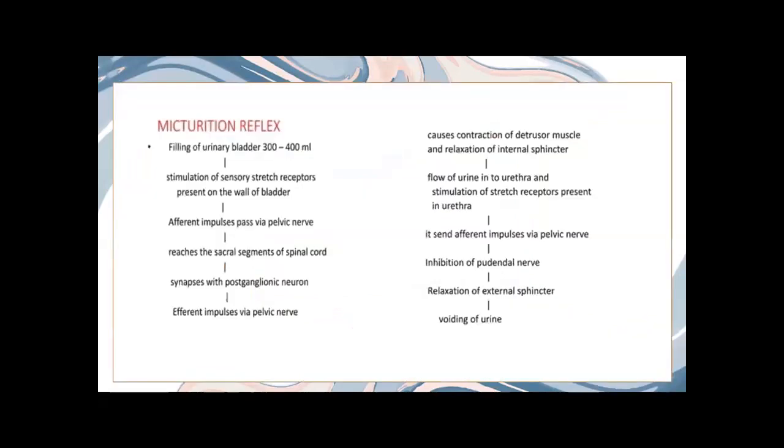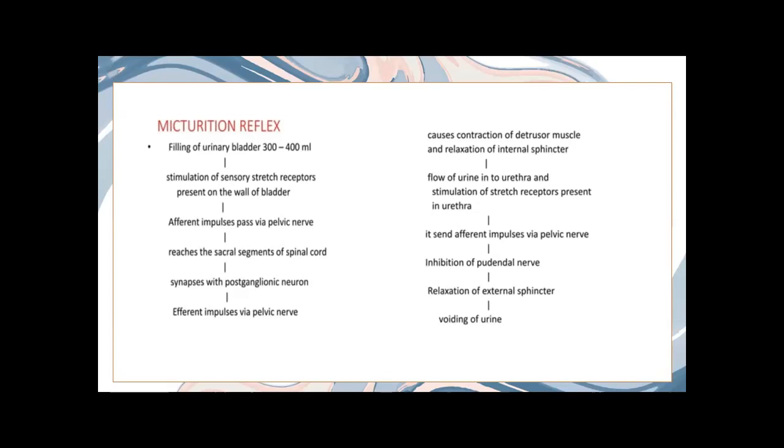So, micturition reflex: when the urinary bladder fills up to 300 to 400 ml, stimulation of the sensory stretch receptors present on the wall of the bladder occurs. Efferent impulses pass via the pelvic nerve, reach the sacral segments of the spinal cord, and synapse with the postganglionic neuron.